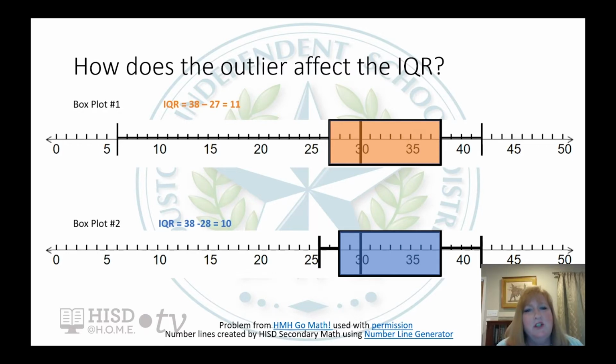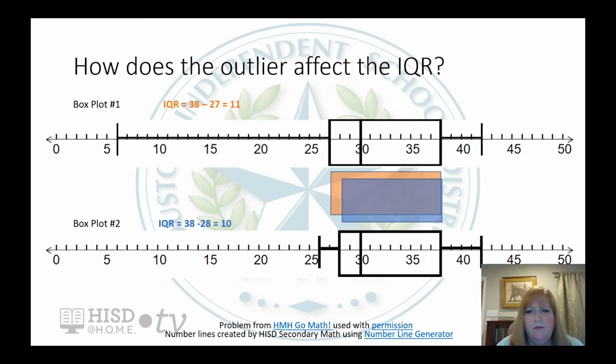For box plot 2, I have 38 to 28. Those are my Q3 and my Q1. And I find that the difference is 10. So when I compare those distances, and the question asks, how does the outlier affect the IQR? It doesn't seem to affect it very much. It does make a difference, but it's not a very big difference. Let's look at the next question.